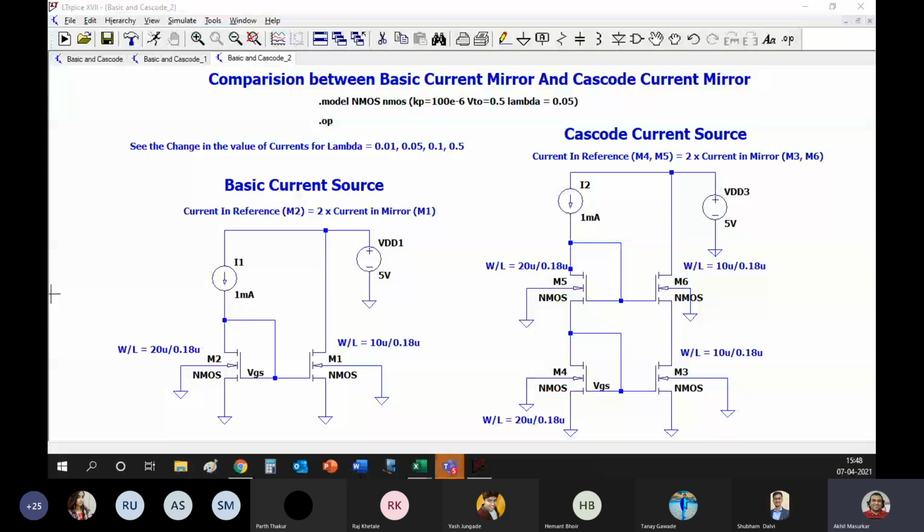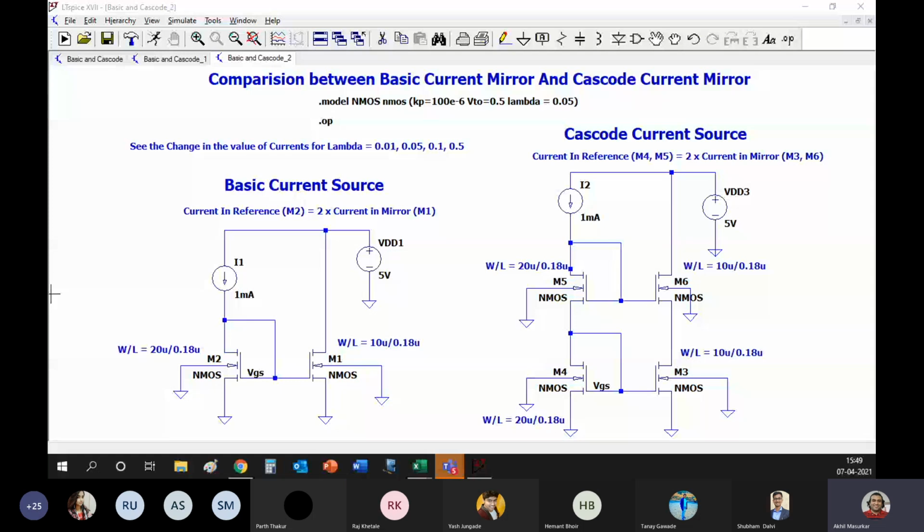Yes, sir. Okay. So in your opinion, if you want to get rid of the effect of channel length modulation, which circuit would you use? Basic current source or cascode current source? Cascode current source. Okay.